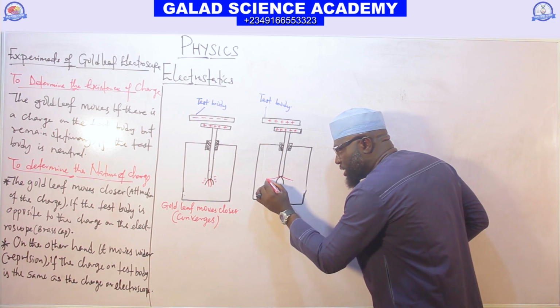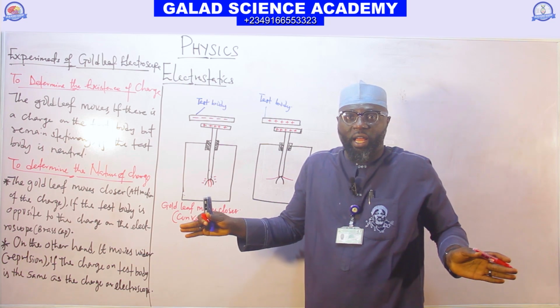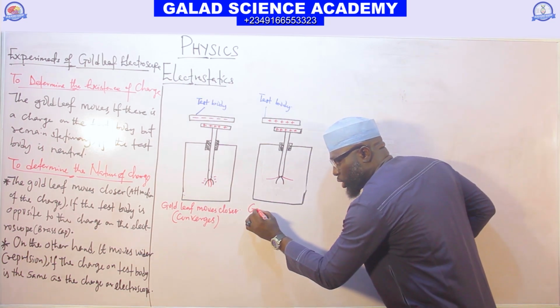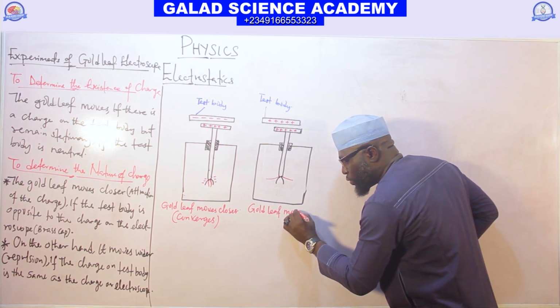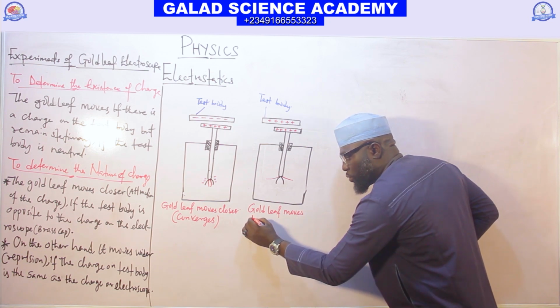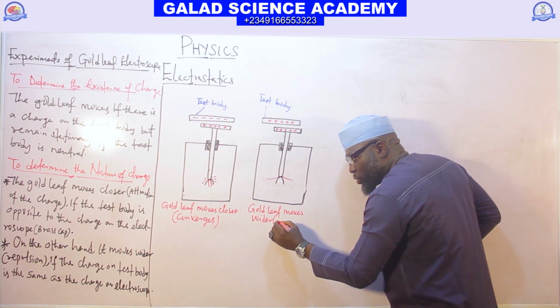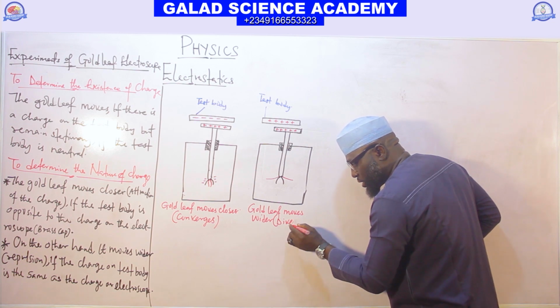The leaf will move like this, away from each other. The gold leaf will move wider. What is move wider? It simply means diverge.